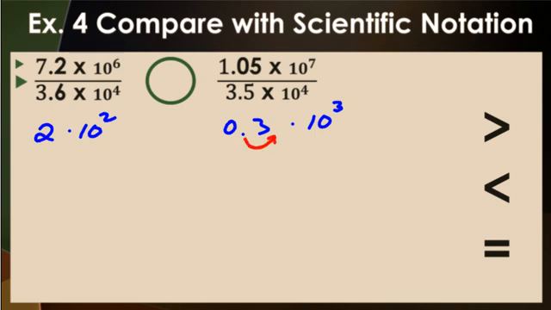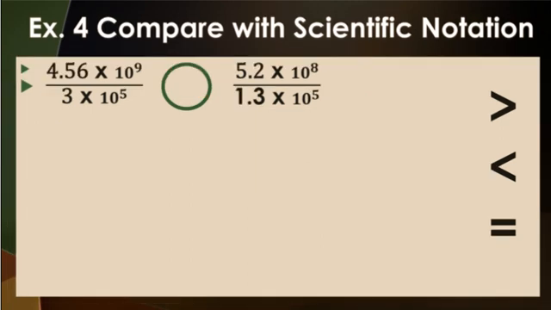So move it to the right one, so it's 3. I subtracted 1 because I lost a decimal place. So 3 times 10 to the second. So now you can compare your answers. 2 times 10 to the second would be 200. 3 times 10 to the second would be 300. So 2 times 10 to the second would be less than 3 times 10 to the second power.